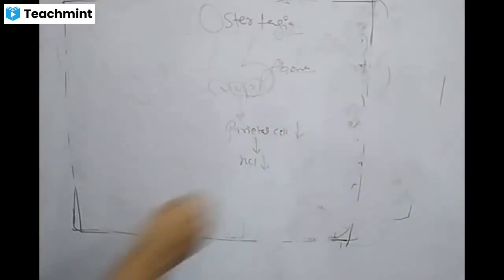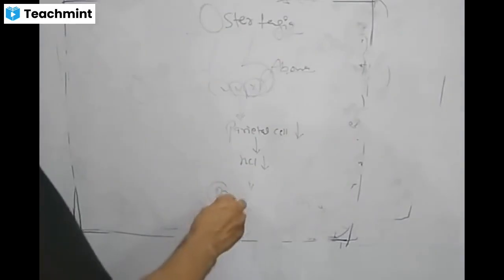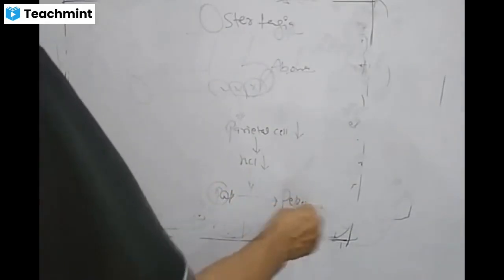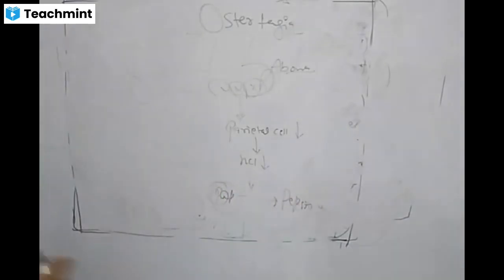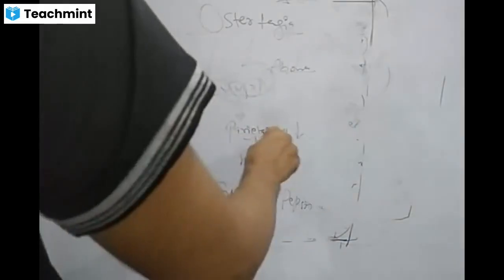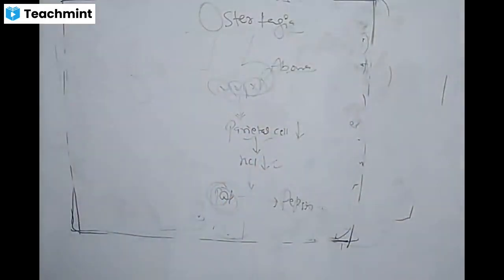And what is the role of parietal cells? HCl secretion. HCl secretion will decrease. And what is the role of HCl? To convert pepsinogen into pepsin. So pepsin activation will not be there. So if you destroy the glands, less parietal cells, less HCl, and less activation of the enzymes.